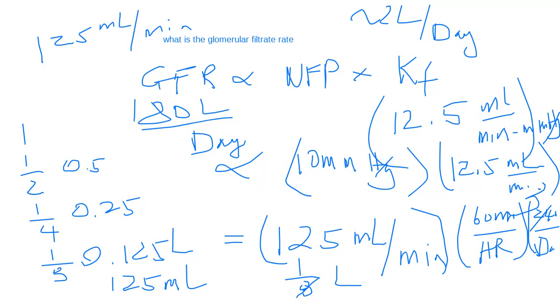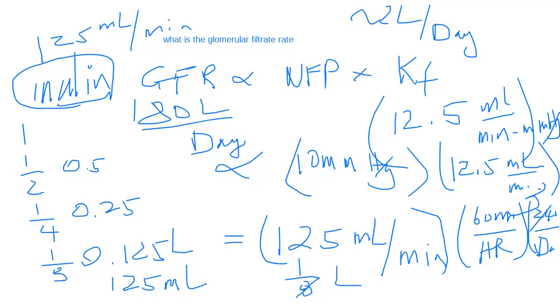We're going to infuse you with a substance that we can trace. That substance is known as inulin. I'm going to talk about inulin a little bit in the renal clearance test, as a way to indirectly calculate the glomerular filtration rate.